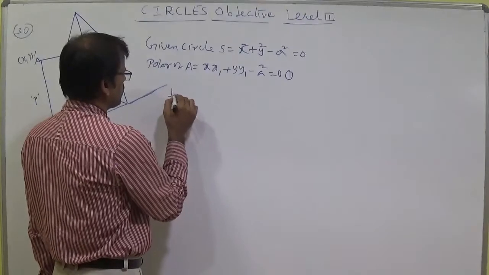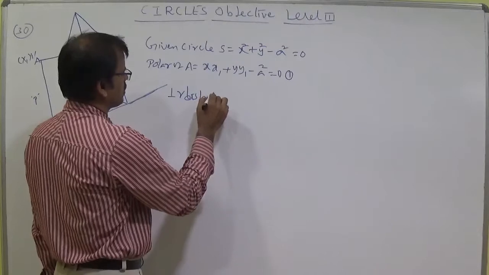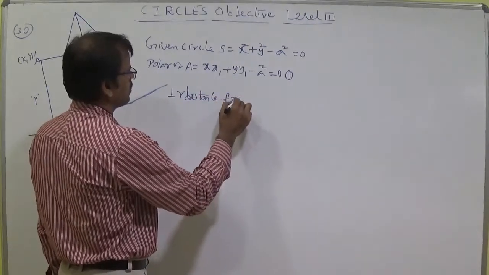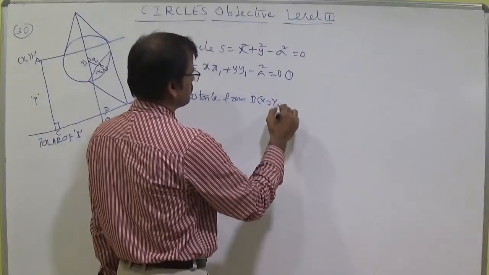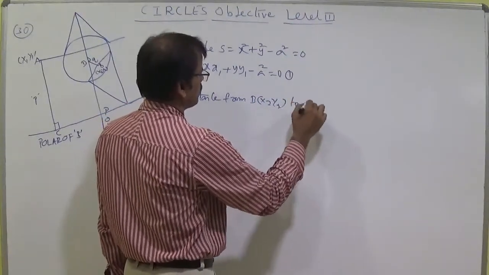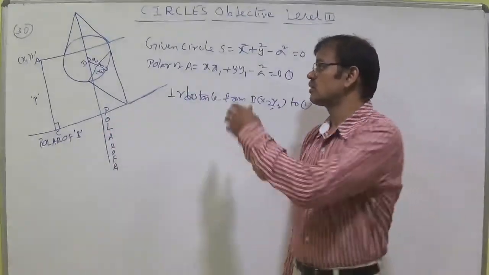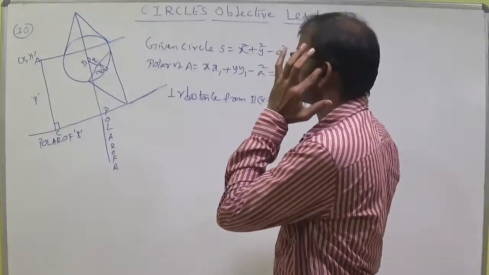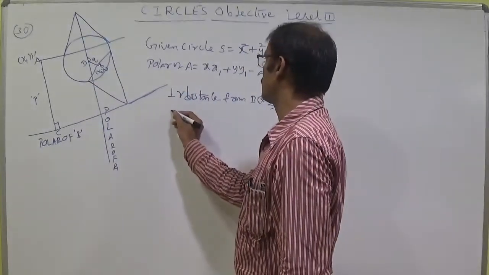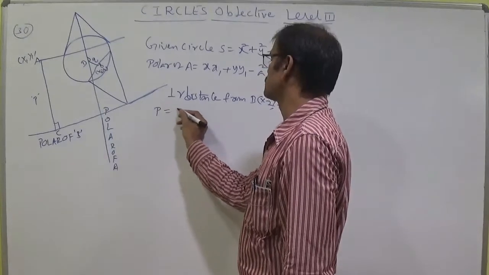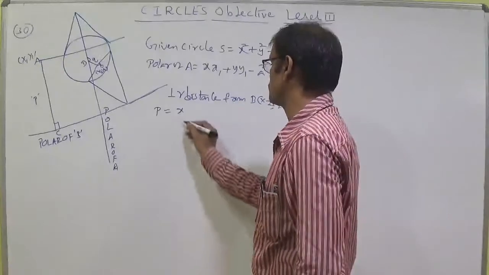Next we can write the perpendicular distance or length of perpendicular. Perpendicular distance from B x2 comma y2 to the polar. x2 comma y2 is a point and this is the polar of A. So we know the perpendicular distance formula: ax1 plus by1 plus c over root of a square plus b square.